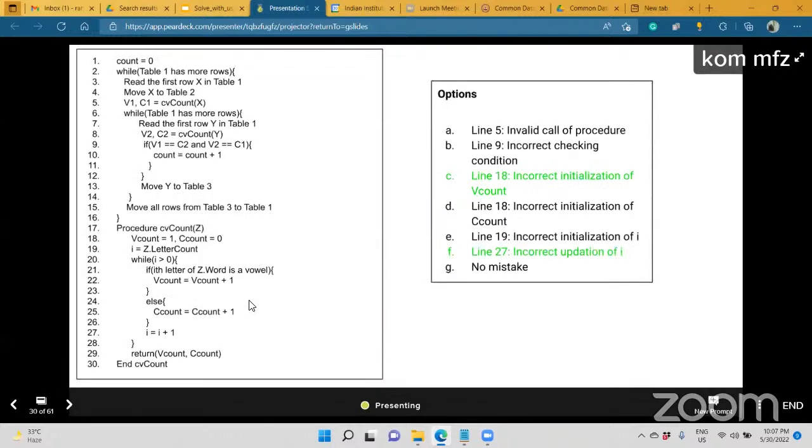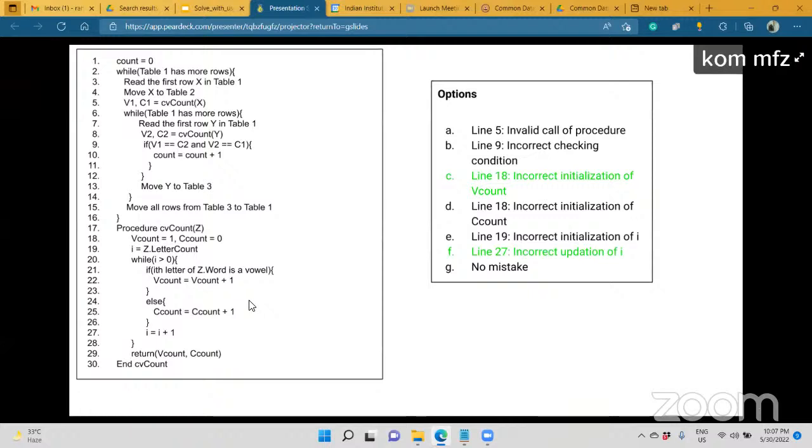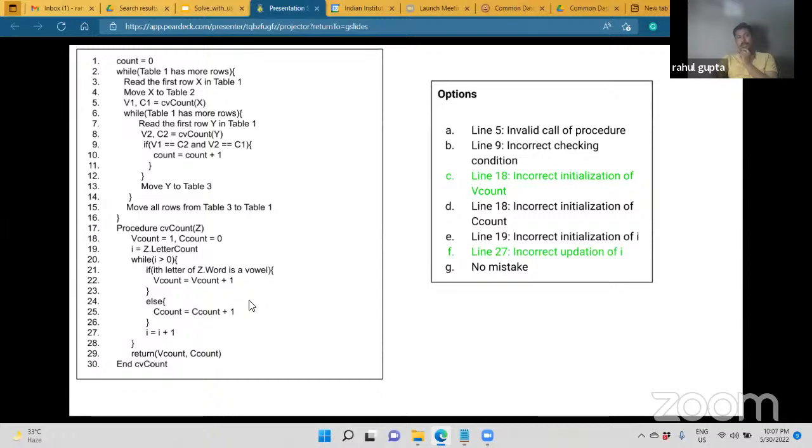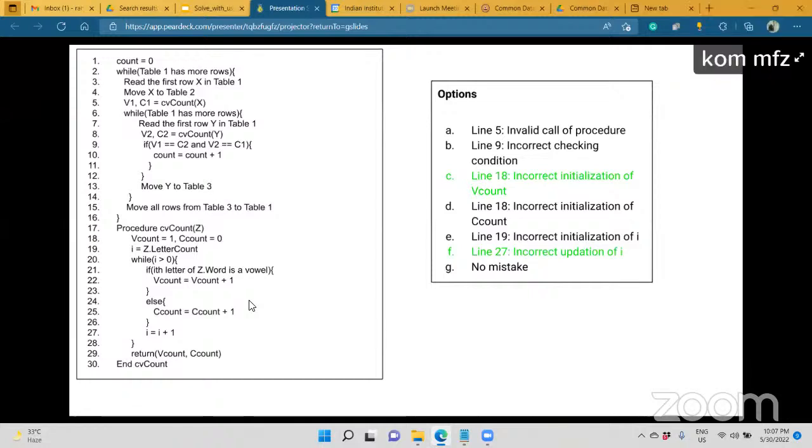In this, sir, there is no role of initialization of the variables, right? V1, C1 and V2, C2, there is no role of initialization of the variables, right? They don't need to be initialized because they take their value directly from the procedure. That is what I was trying to explain, but you guys were not taught that way.